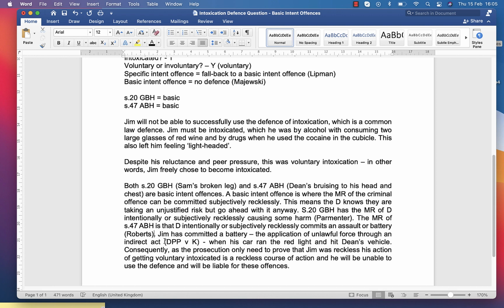So I'm going to put in here, the application through an indirect act using his car. And I put there DPP v K because that case, if we look back for battery, illustrates how the defendant is liable even though they didn't directly touch the victim themselves, but through indirect means.